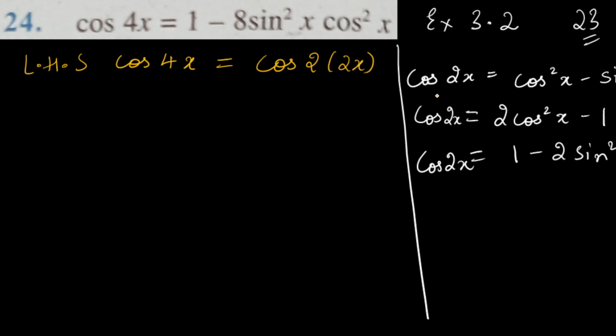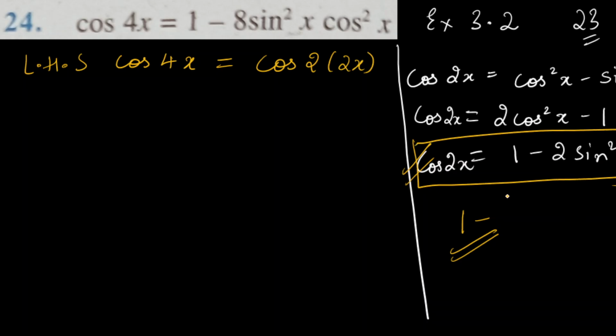Because I am going to use the double angle formula here, first I have to figure out which form to use. Now you can see the right hand side says 1 minus, so something is getting subtracted from 1. If you see all these three forms, the third one is 1 minus 2 sine square x. So that's giving us a hint we can use this one because it's similar.